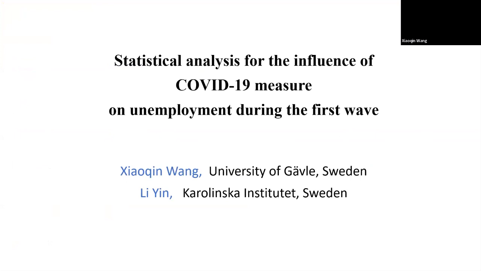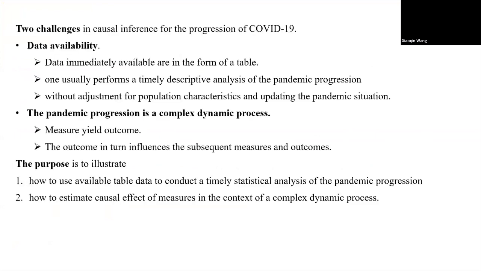I'm going to talk about the statistical analysis of the influence of COVID-19 measures on unemployment during the first wave. To do causal analysis for the progression of COVID-19, there are two challenges.